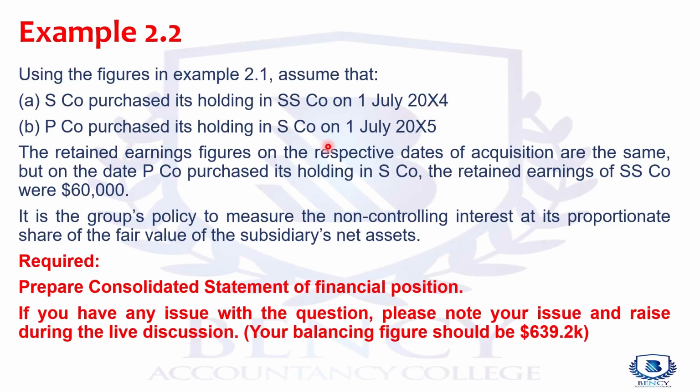The date of acquisition for the subsidiary and sub-subsidiary will not be the same, because there was the subsidiary and the sub-subsidiary on 1st July 20x4 before the parent came to acquire S on 1st July 20x5. So when the parent was acquiring the subsidiary on 1st July 20x5, on that same date the parent acquired the sub-subsidiary.